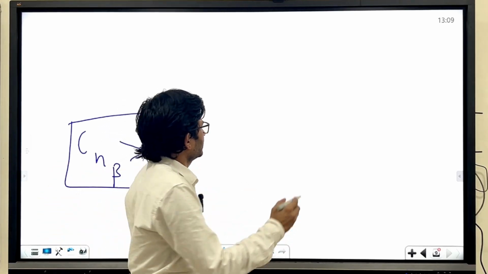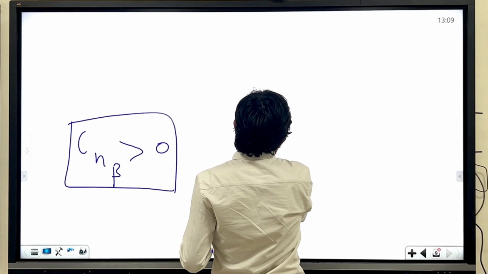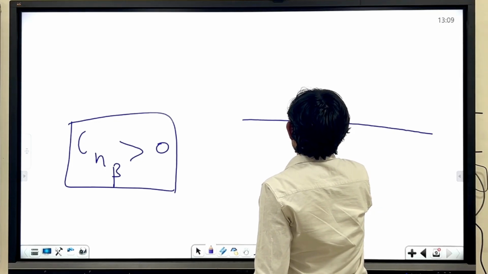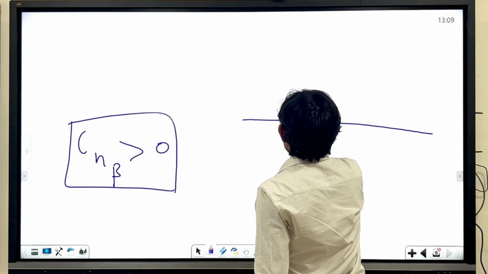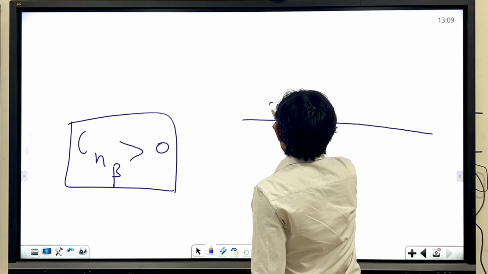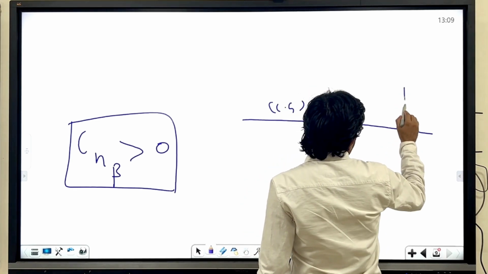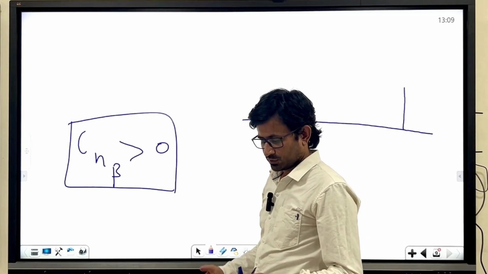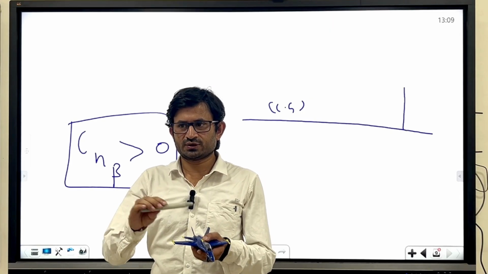For example, this is the aircraft fuselage reference line, and your CG is somewhere here. Your vertical tail is this. So now this vertical force acts at this distance.